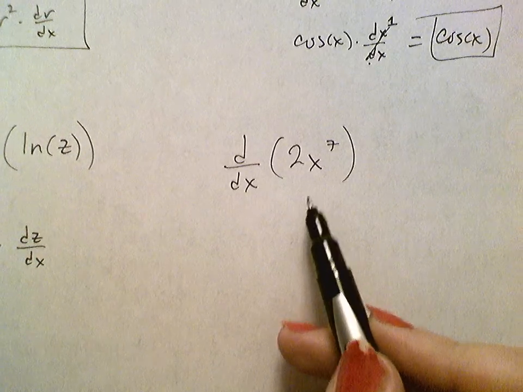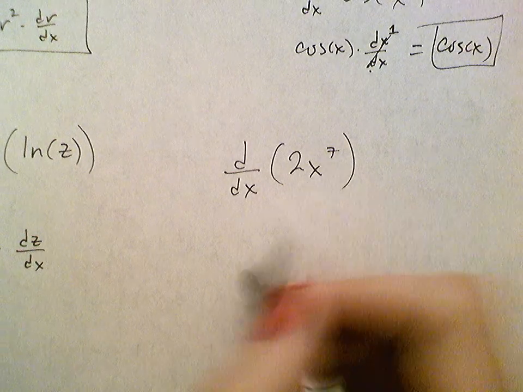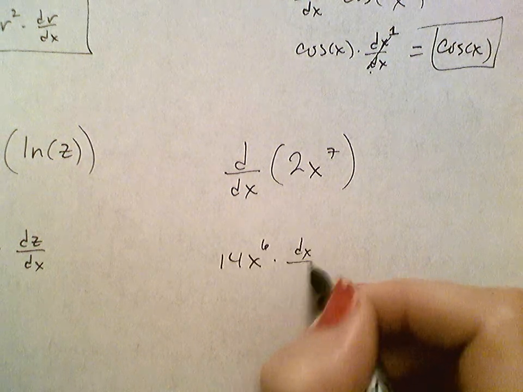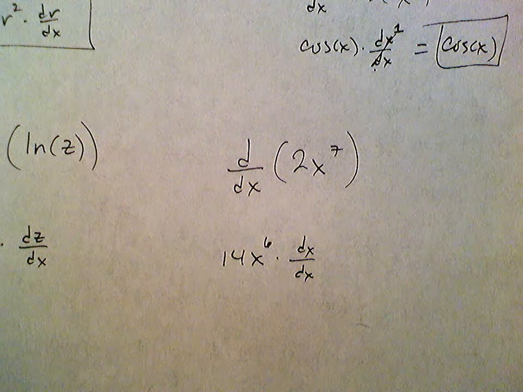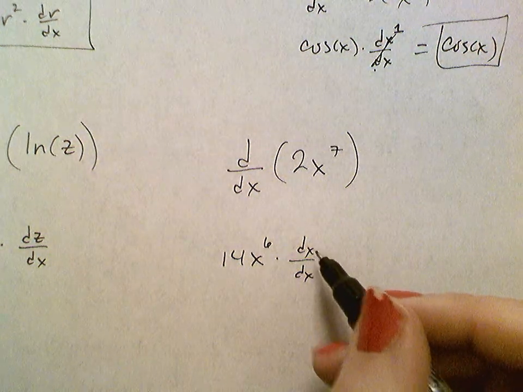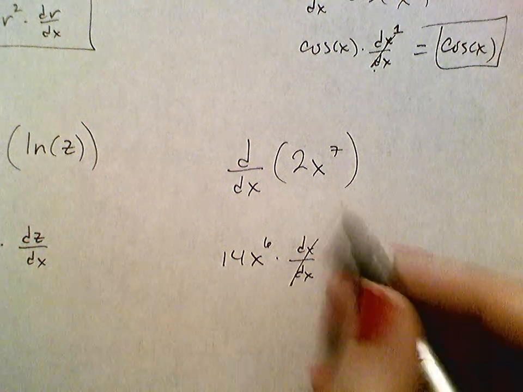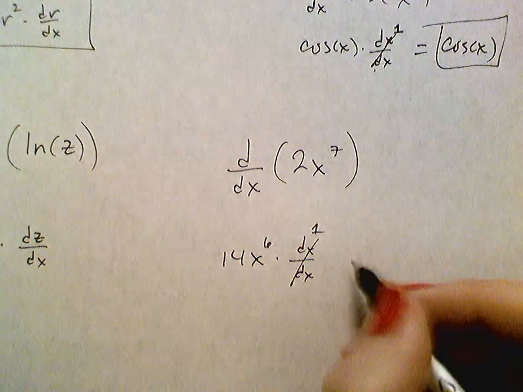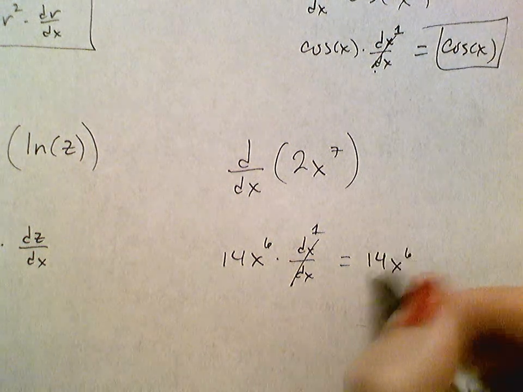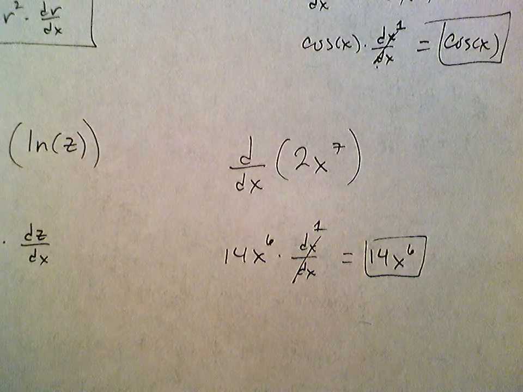Okay, now this one here, same, I'll do just the normal derivative, which is 14x to the 6th, times the derivative of the input variable in Leibniz notation, dx dx, but that's just a 1. So you end up with 14x to the 6th. That ends up just being the normal derivative.